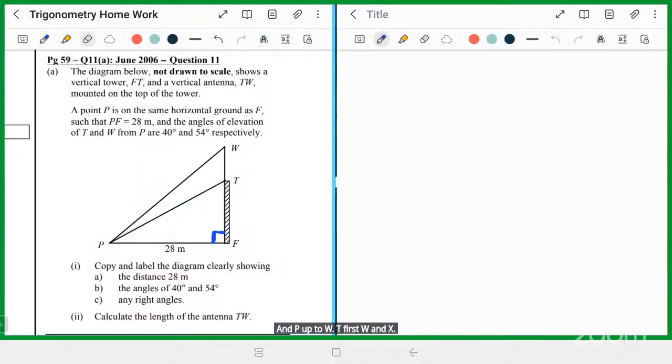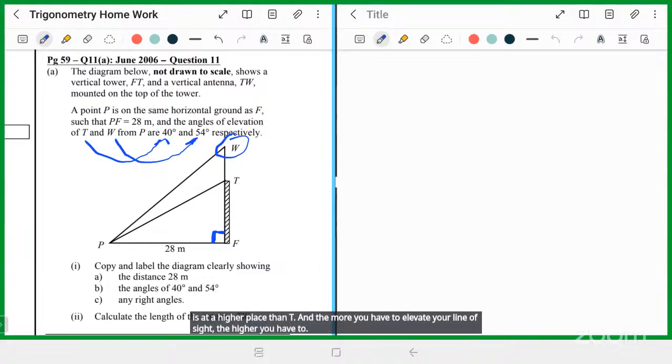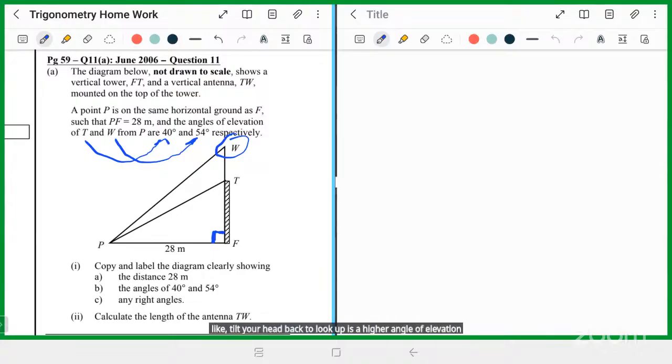What are those angles? 40 and 54. The angle of elevation up to T is 40 and up to W is 54, which makes sense because W is at a higher place than T. The higher you have to tilt your head back to look up, the higher the angle of elevation. So you have to tilt your head more vertically upwards to look up at W as compared to looking up at T. So the angle of elevation of W must be higher from the same place.